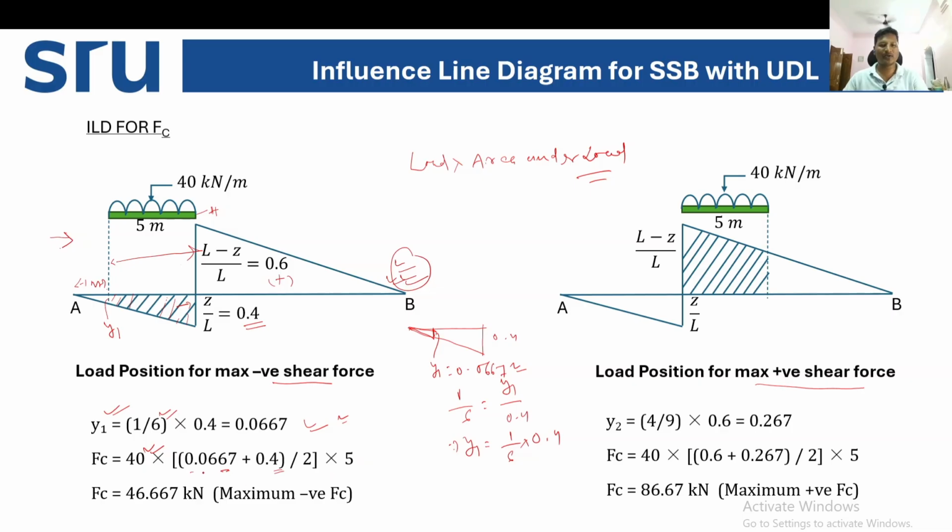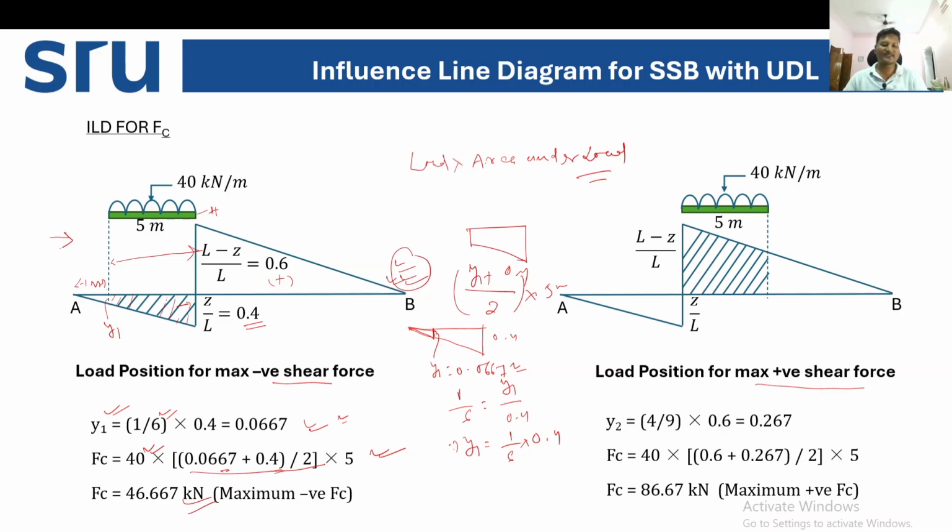Where does it come from? It is the area of the trapezium: y1 plus the maximum ordinate 0.4, divided by 2, into the height, which is 5 meter. If you calculate this, the maximum negative shear force is 46.667. I hope you understood this.